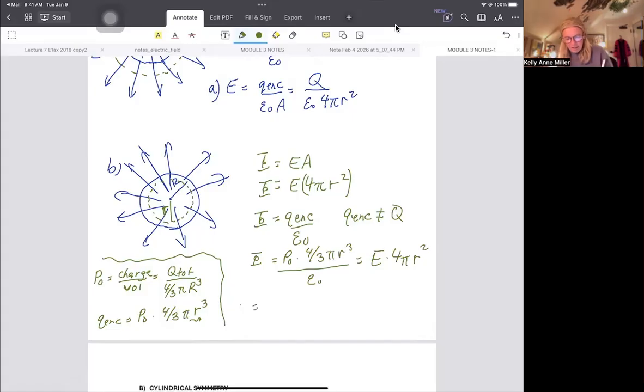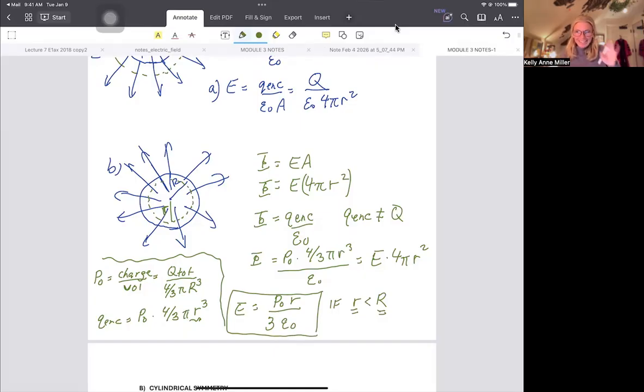So I can rearrange this and cancel things out, and it reduces down to just rho naught times lowercase r divided by 3 epsilon naught, which is pretty cool. It's a very neat expression. And that's the condition if you're inside, if your Gaussian surface is smaller than the radius of the sphere.